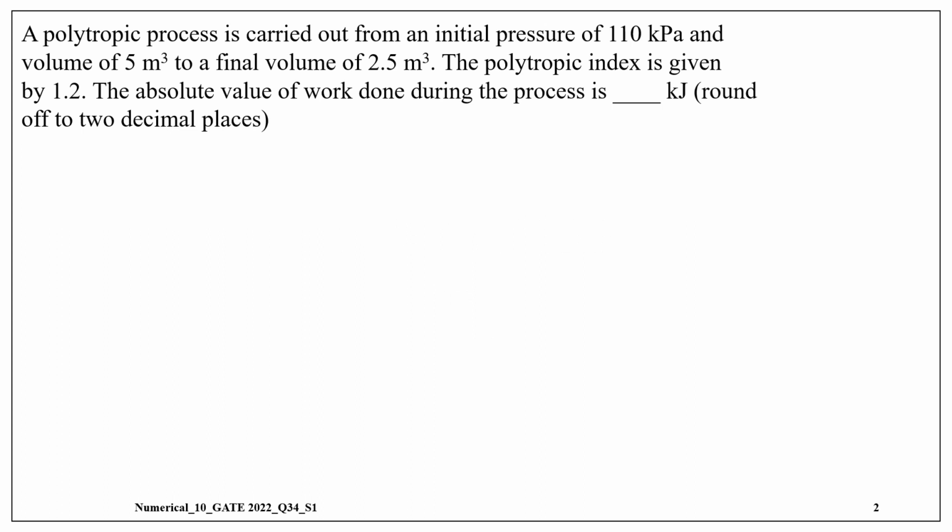The problem statement is given as: a polytropic process is carried out from an initial pressure of 110 kPa and volume of 5 meter cube to a final volume of 2.5 meter cube. The polytropic index is given by 1.2. The absolute value of work done during the process in kilojoules, rounded off to 2 decimal places, is.